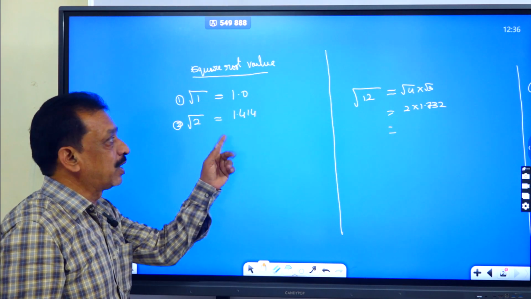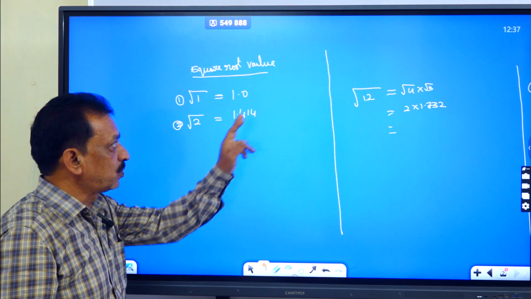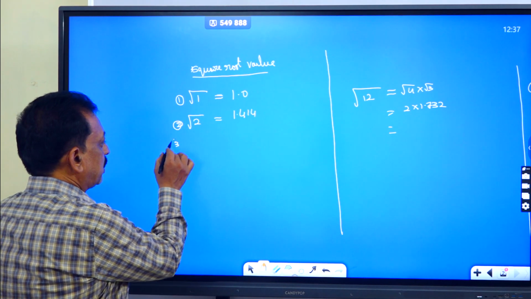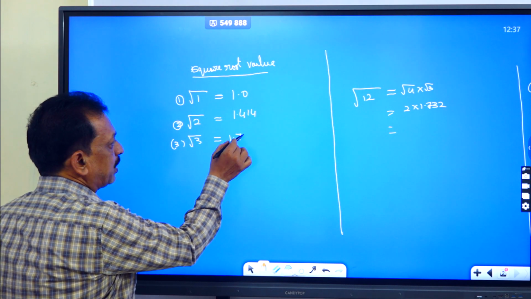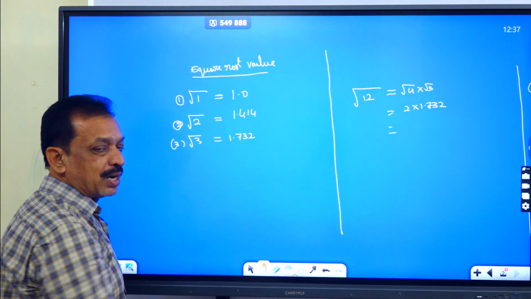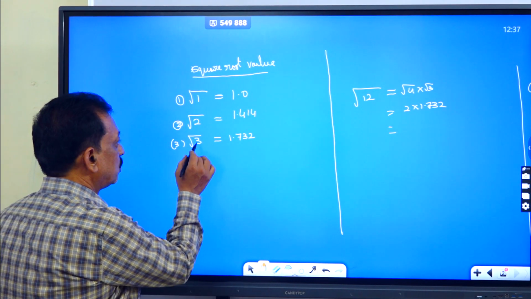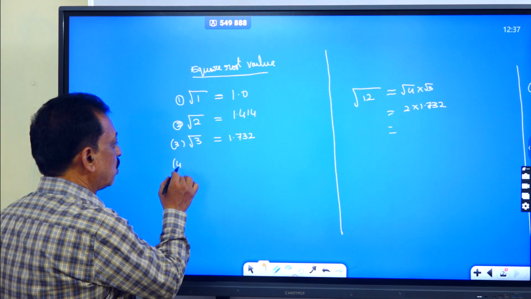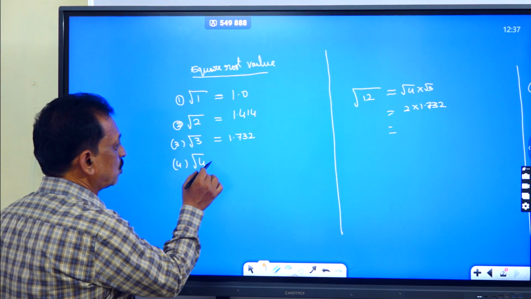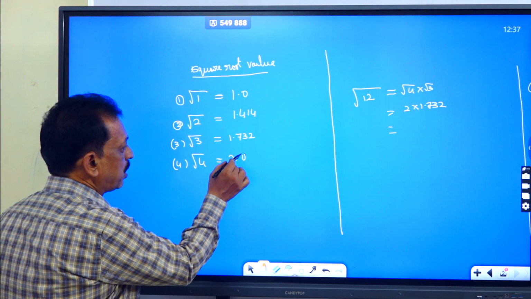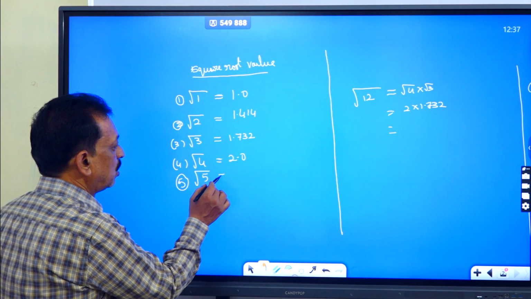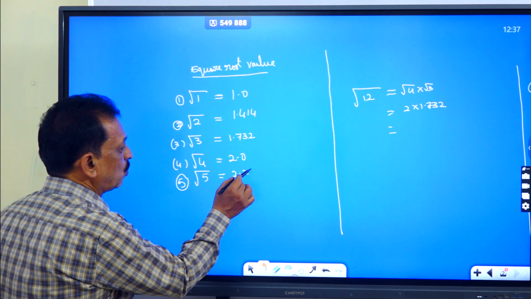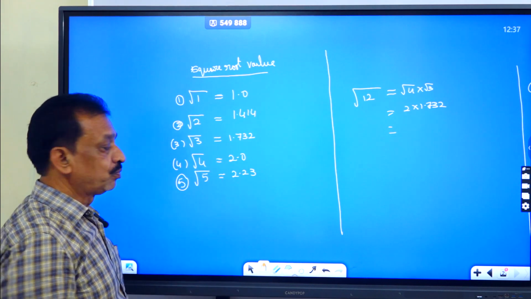1.414. If the calculation is bigger, you could say 1.4 only. And number 3, root 3 is equal to 1.732. You can write 1.7 also, no problem. And root 4, all of you know, is 2.0. And root 5 is 2.23; 2.2 is enough.